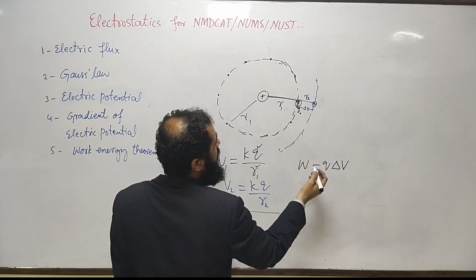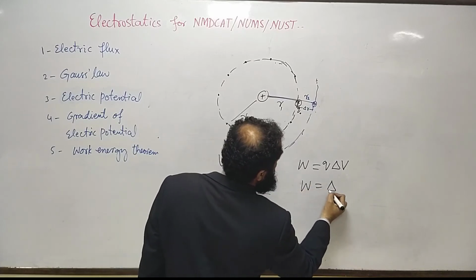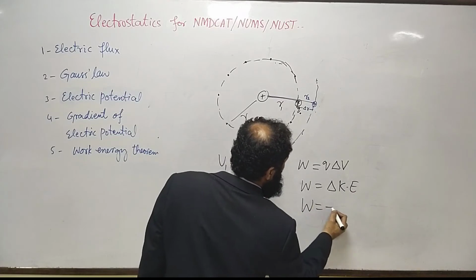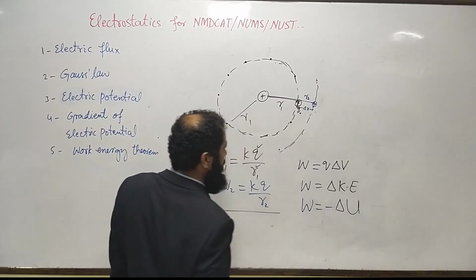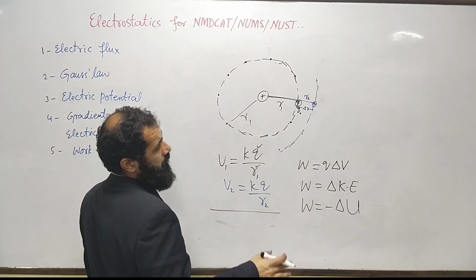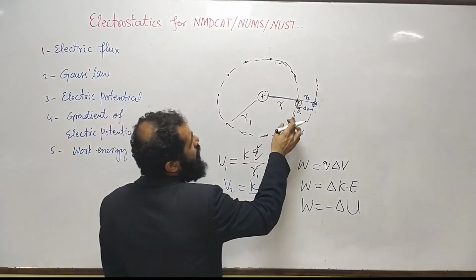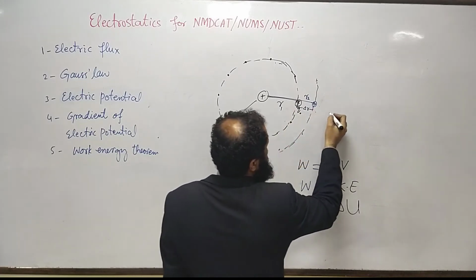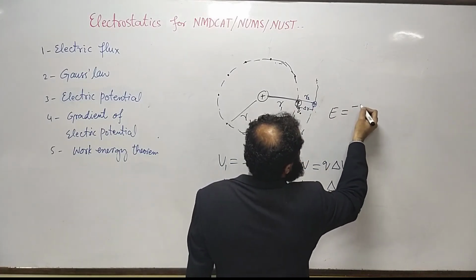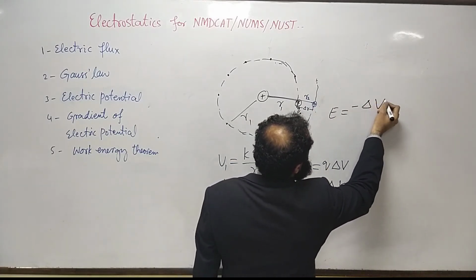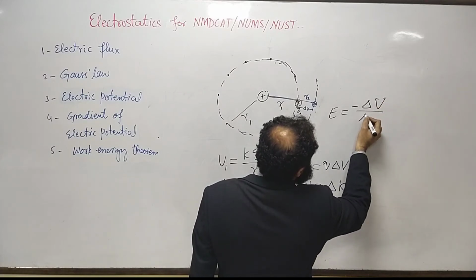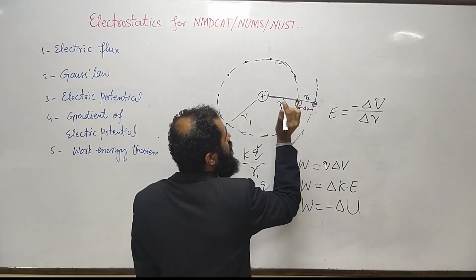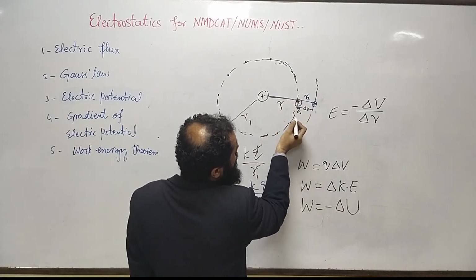This work done is then equal to change in kinetic energy, and the same work done is equal to negative change in potential energy. And there is another thing about this difference in potential, that electric field is a negative gradient of potential. This is very important to know. Here you would be having electric field in this direction.